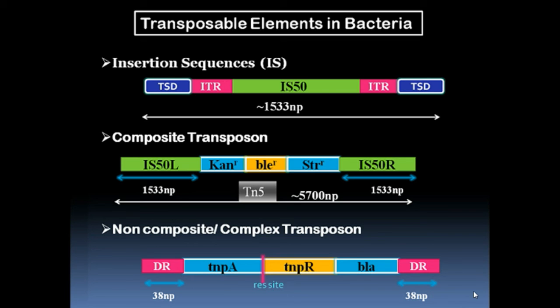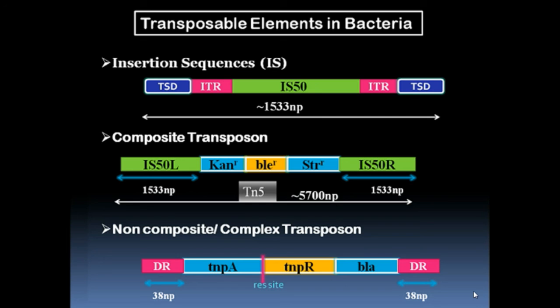Then we have TnpR, which encodes for resolvase, and we have the bla gene, which encodes for the beta-lactamase or ampicillin resistance.